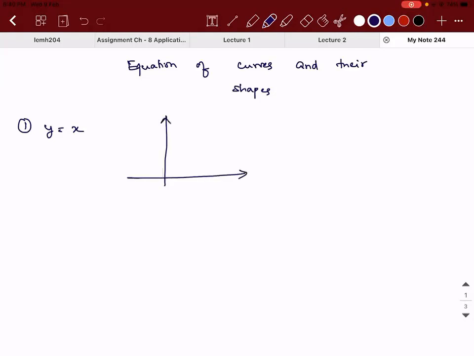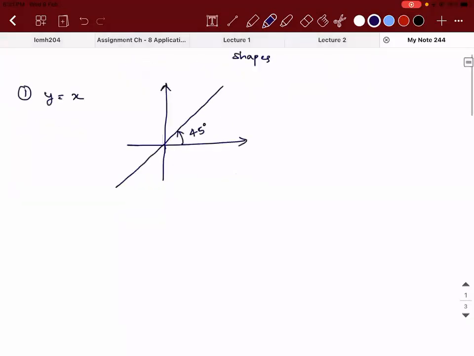It is a straight line passing through origin, correct? And the angle that it makes with respect to x-axis, tell me guys, how much is it? It is 45 degrees, sir. 45 degrees. Secondly, you will have y is equal to mx.